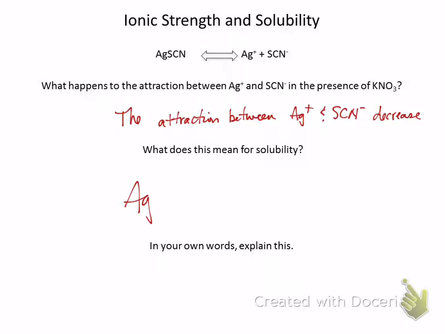And so we're seeing that it's stabilizing their charges, the interaction between them decreases, and as a result of that, the solubility of thiocyanate is increased because they don't need to be stabilized by one another. They have other interactions going on, and so we can actually get an increased solubility of our salt of interest.